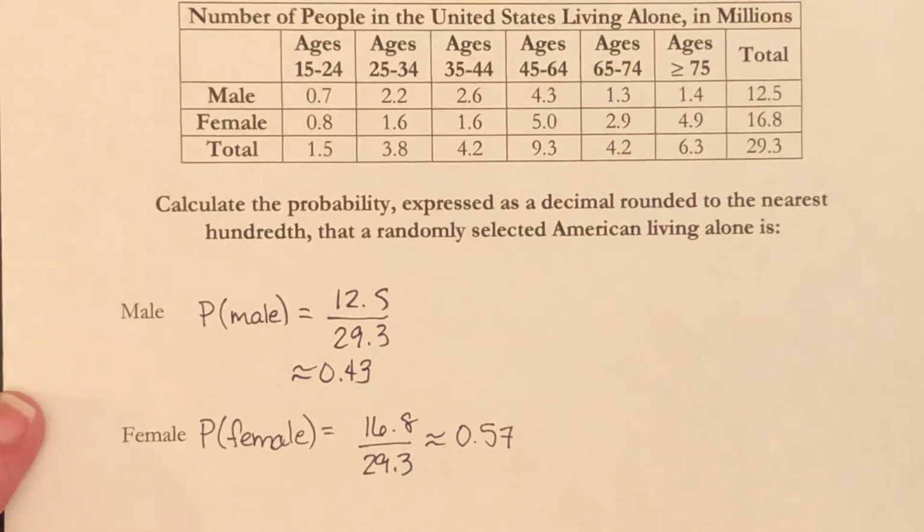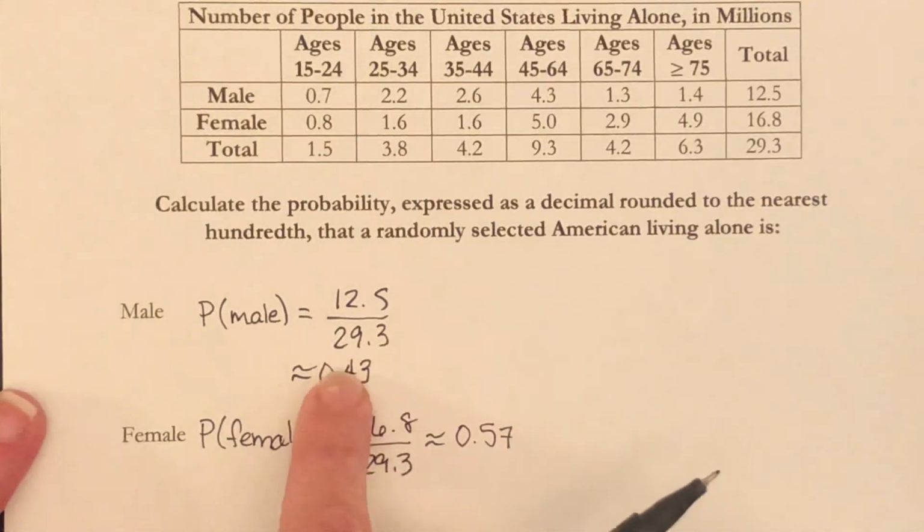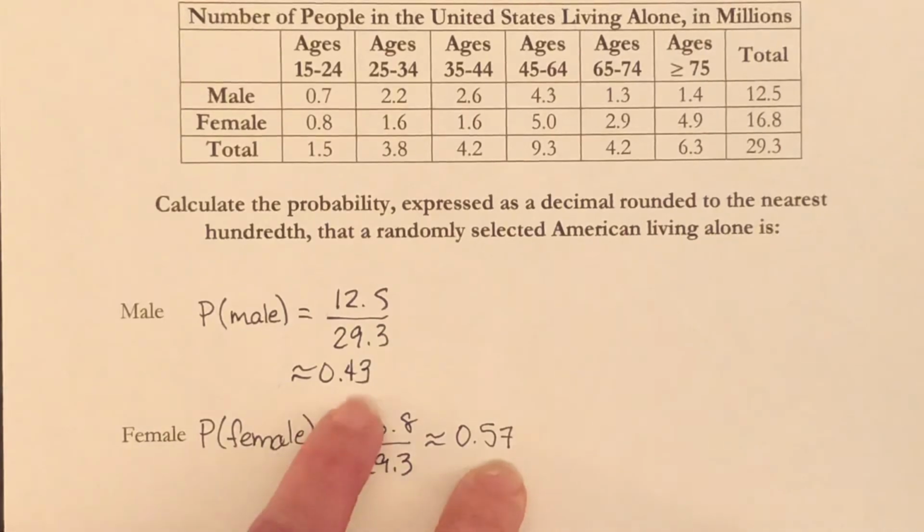So that makes sense. Now, I do want to say that because we rounded, you could add these together and you might get slightly more than 1 or slightly less than 1 just because of the rounding error. But keeping in mind that when you're dealing with something that should take care of everything in the sample space, then the probability should add to 1.